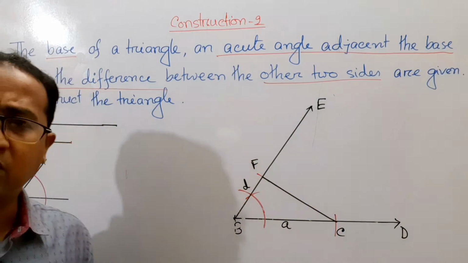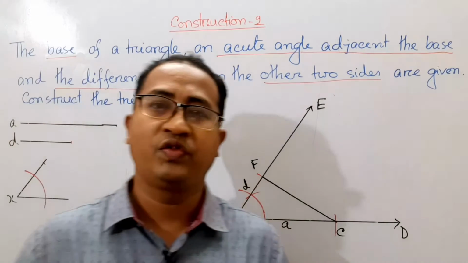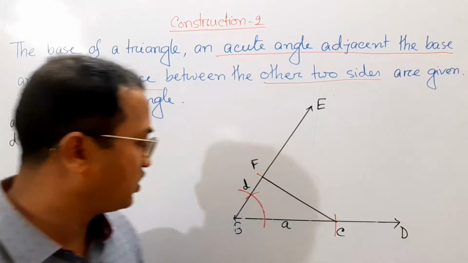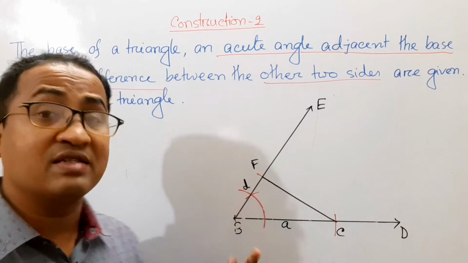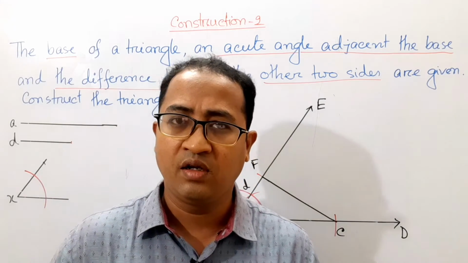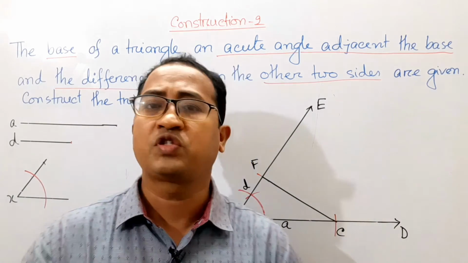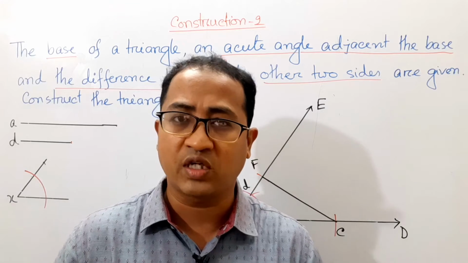Now, is it our required triangle? No, this is not our required triangle, because BF is the difference of the two sides. We will determine which two sides BF is the difference of.